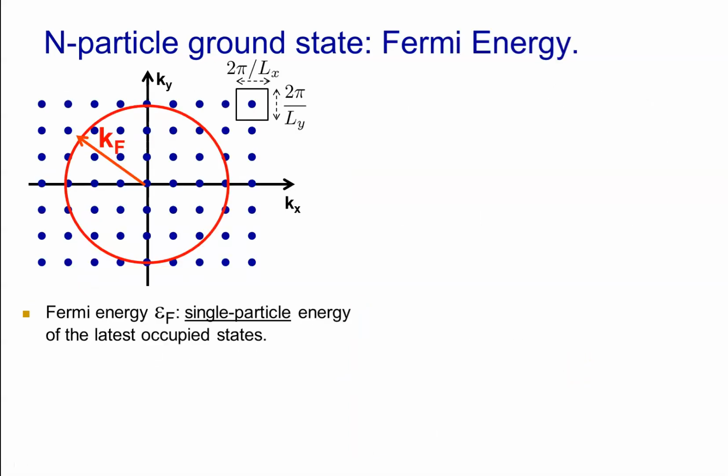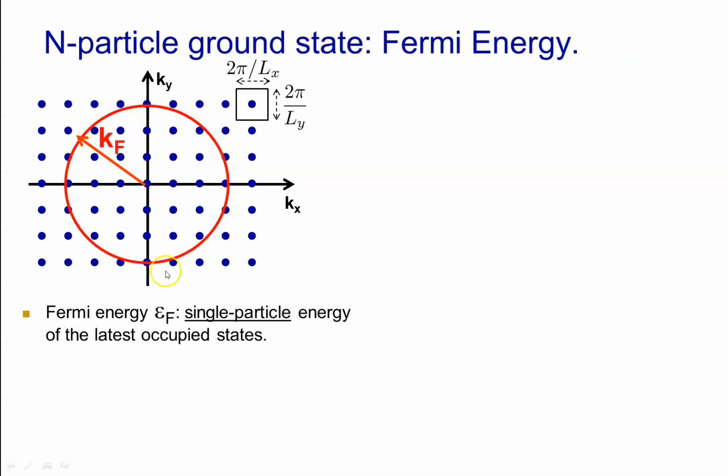Okay, so let's talk about the Fermi energy. We noticed from before that we already defined the Fermi vector, right? It's just the kF for the last occupied state for a given number. And as the number increases, kF also increases. Now the question is, what is the energy of the last occupied state?